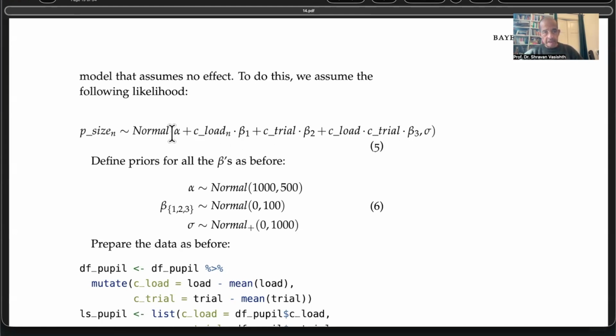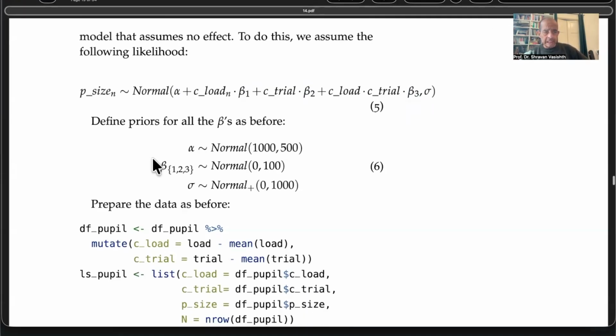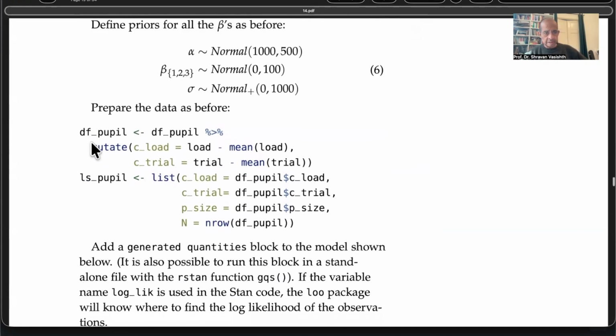So here what we have is one intercept, of course, and then three slopes, right? These are three parameters: beta 1, 2, and 3. Then there's a sigma parameter, which is the residual term. So we're going to define priors for the alpha and the three betas and the sigma. So this is not hierarchical because we have only one subject, I believe, in this data set, right? In this subset of the data.